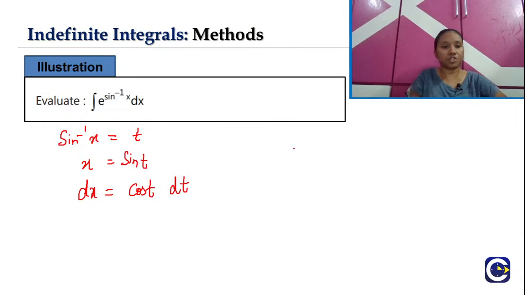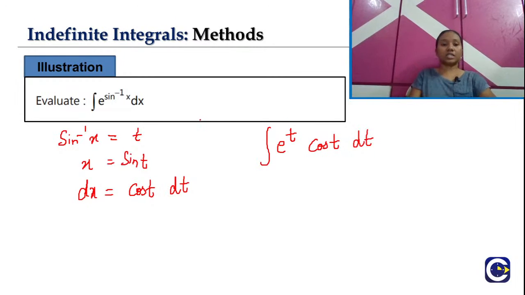Now if we substitute, the given integral turns out to be e power t, and in place of dx, I can substitute cos t dt. This is my reduced form of the integral after the substitution, that is, in place of sine inverse x, I have substituted t.